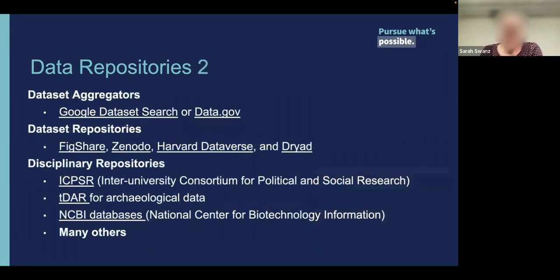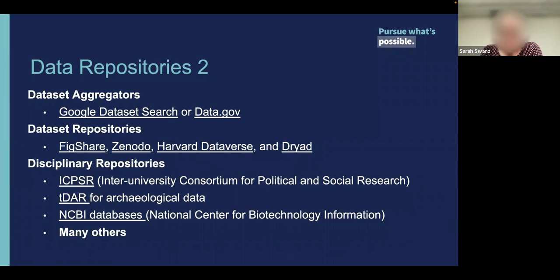Other places to look, there are data set aggregators. You're all familiar with Google, probably familiar with Google Scholar. There's also Google Dataset Search, which is searching just for data sets. Data.gov also helps you search for US government data across all departments. And then there are generalist repositories that you may have encountered already. Figshare, Zenodo, Harvard Dataverse, and Dryad are some of the biggest.